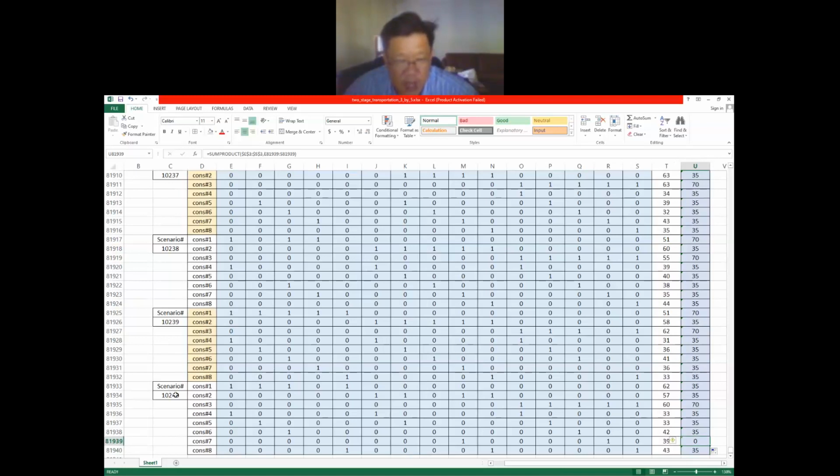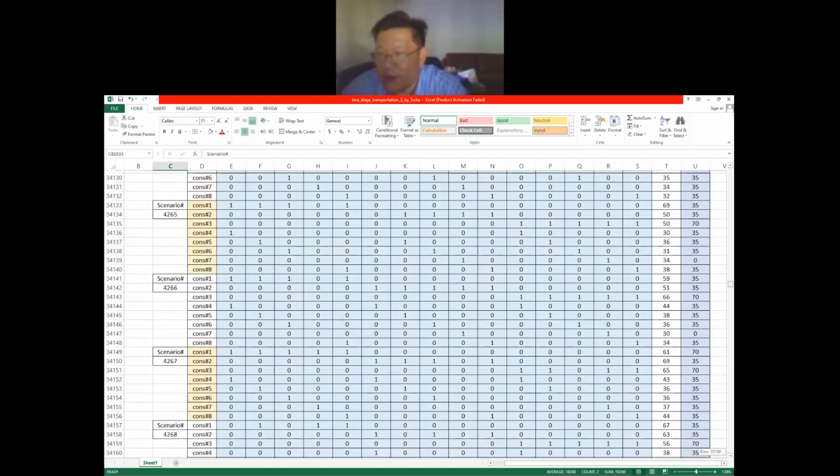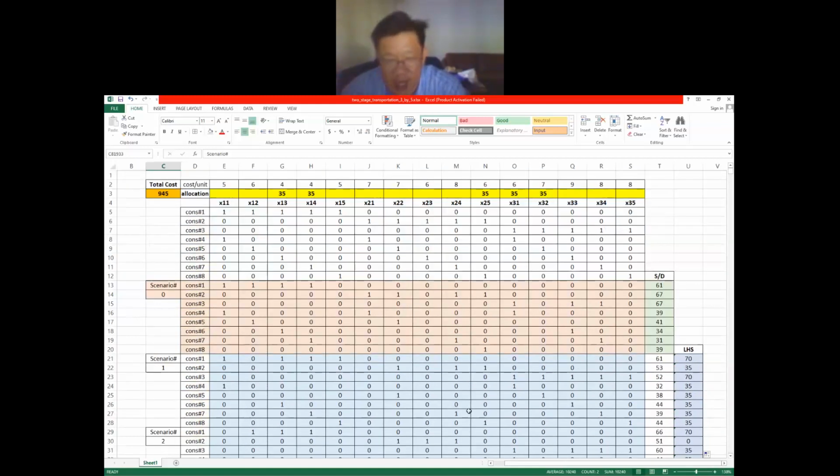In this one, the scenario 10,000 to you have to make sure that sometimes this file might not, if you're working along with me now, you might get a different result because of the randomness effect. But there's no randomness effect anymore because now I already erased it and use this as an exact value. You should get the same value as me.